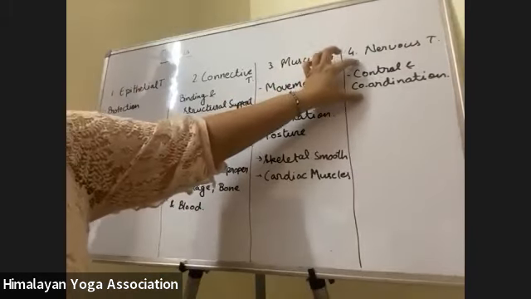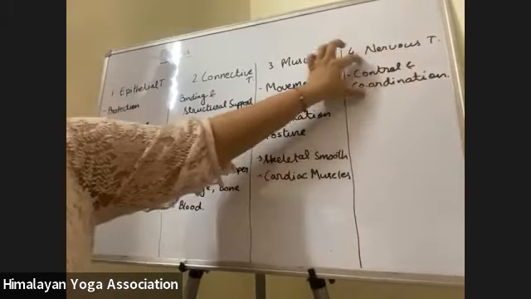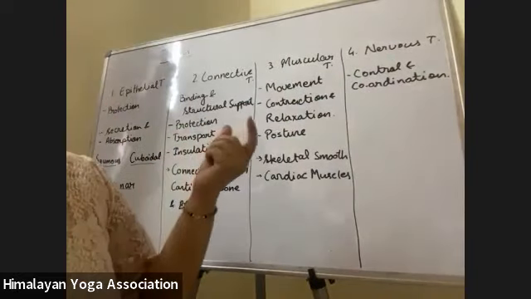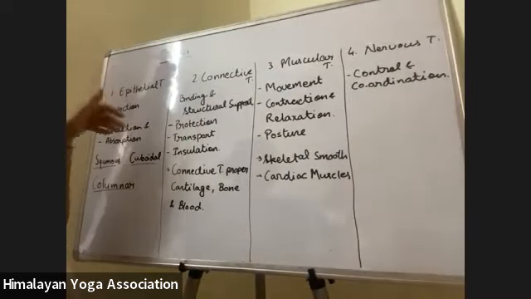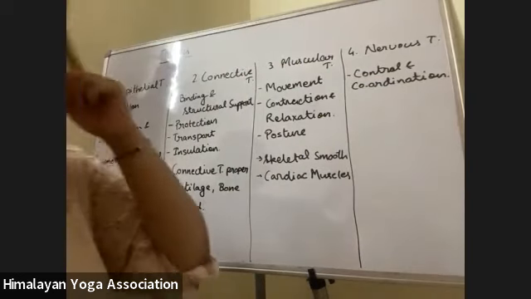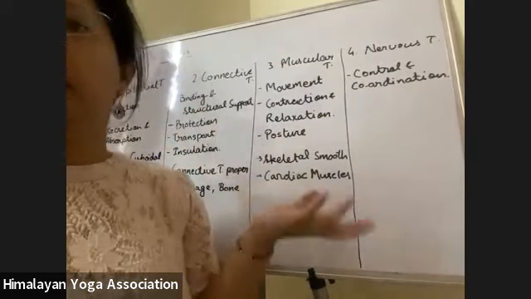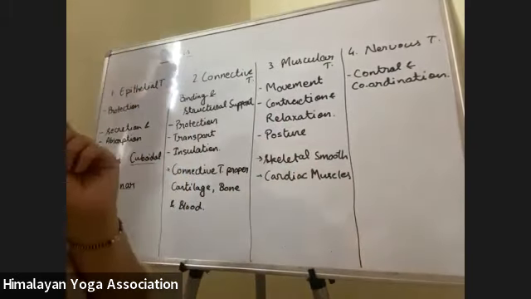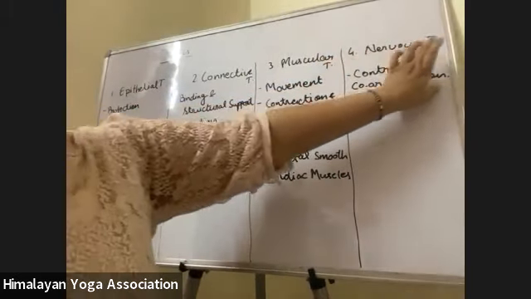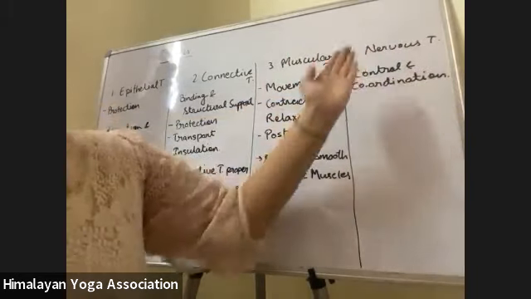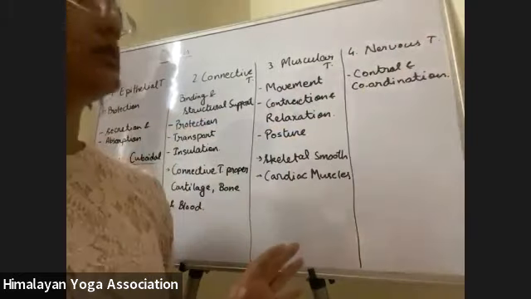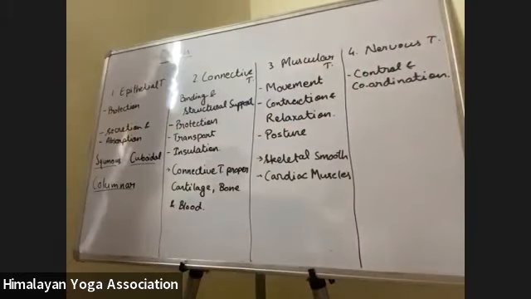If I'm able to move my hand according to what I'm talking about, it's because there is control and coordination. My brain is functioning properly, that's why whatever I'm speaking, my hand movement is according to that. So this is control and coordination, the function of nervous tissue.